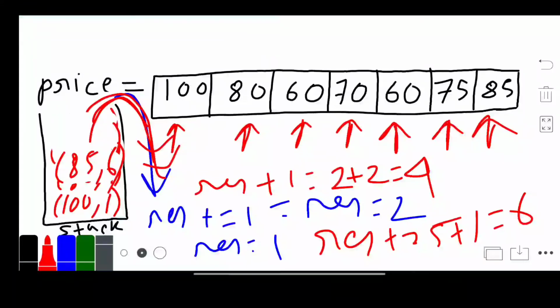This code runs in order of n time complexity. Now we will move to the implementation part.